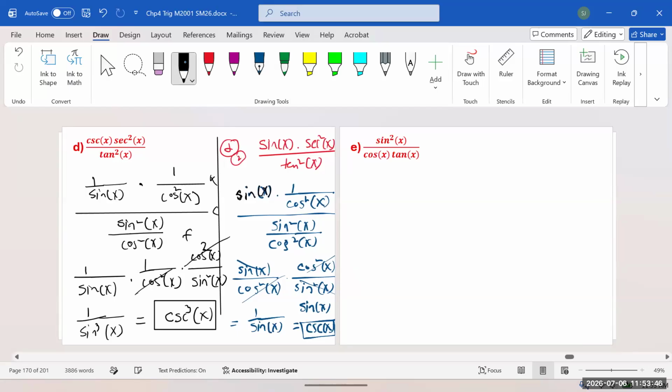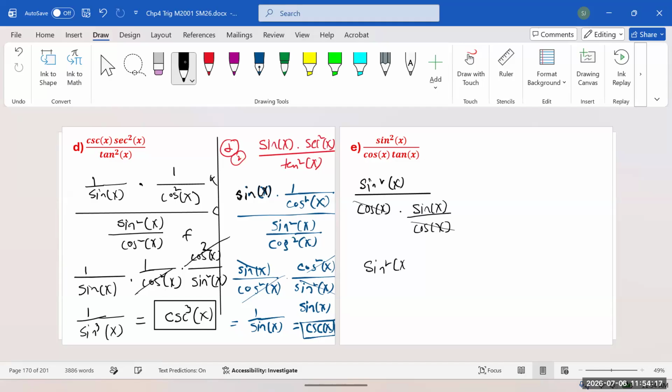Okay, for the next one, we keep our sine because it's already in terms of sine. We keep our cosine because it's already in cosine. And now we change the tangent. Tangent is what over what, in terms of sine and cosine? Sine over cosine. So sine of x divided by cosine of x. So we can cancel the cosine directly here.